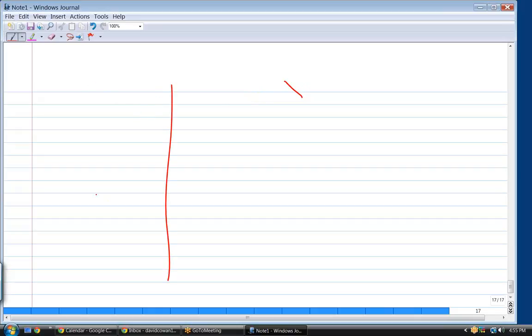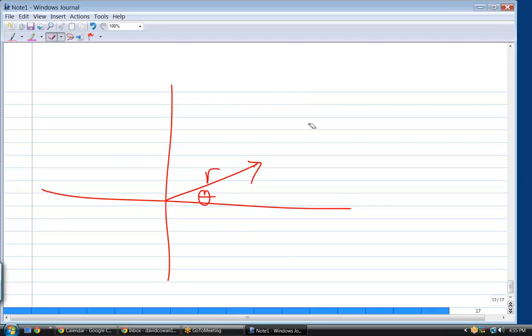Let's talk about polar. Polar only has two considerations: the length of that and the angle of it. Okay? Well, that looks a lot like our parametric equations, doesn't it?